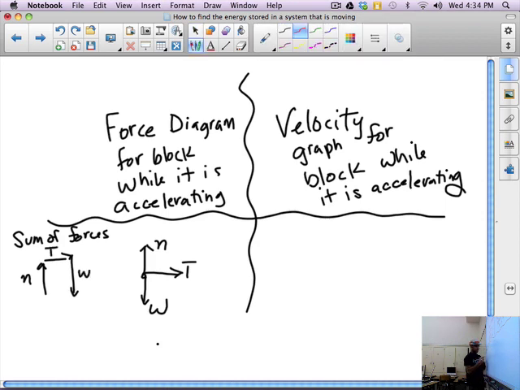You should be able to see from my sum of the forces diagram, if I draw my resultant vector, this red vector is what I get from adding these. This red vector is the sum of the forces.